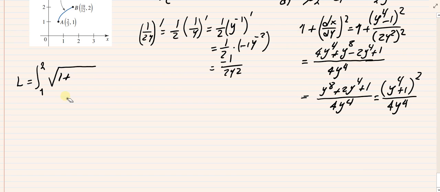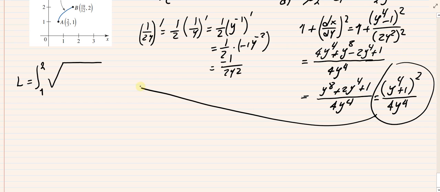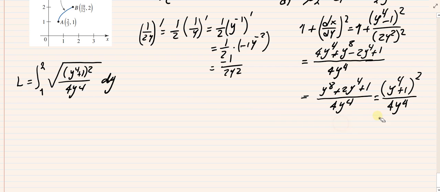And notice that's what the radicand is made of. So I'm just going to put this as the square root of that expression, which is (y to the 4th plus 1) squared divided by 4y to the 4th, and then dy. Okay, and that's the integral from 1 to 2.